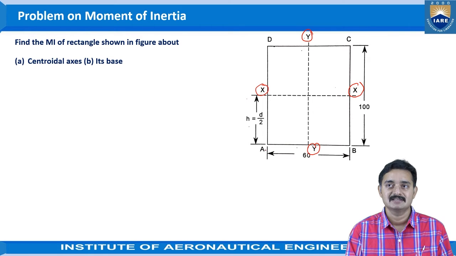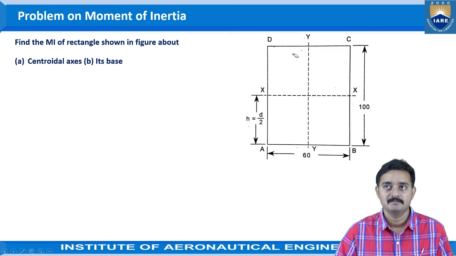And the third axis is the axis AB. So we are going to identify the moment of inertia of this particular rectangle with respect to the centroidal axis and its base axis.